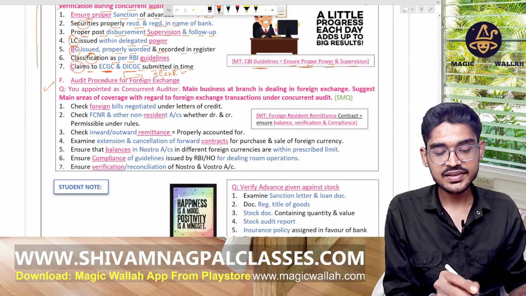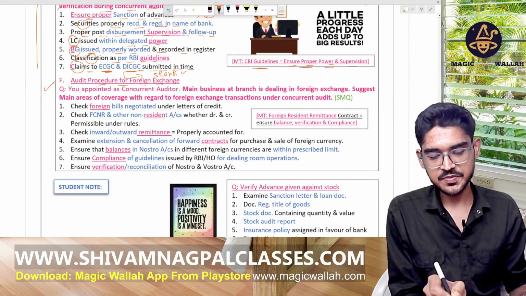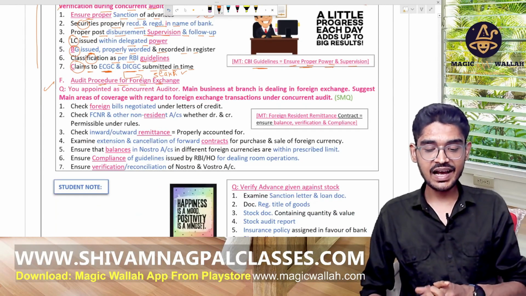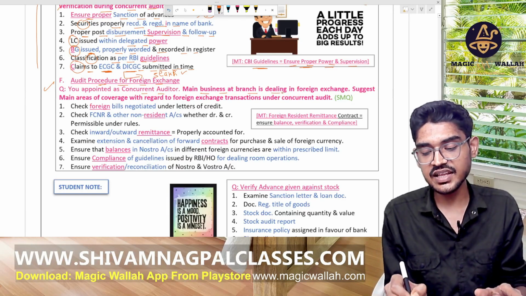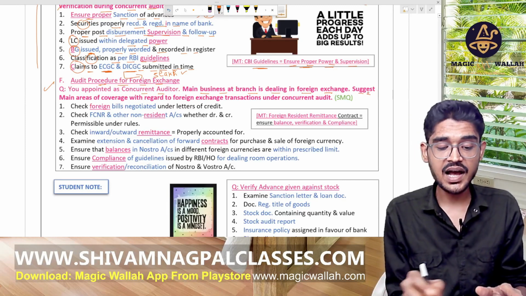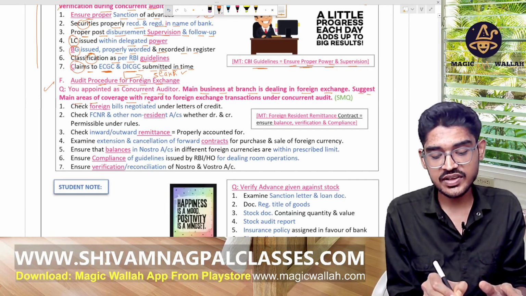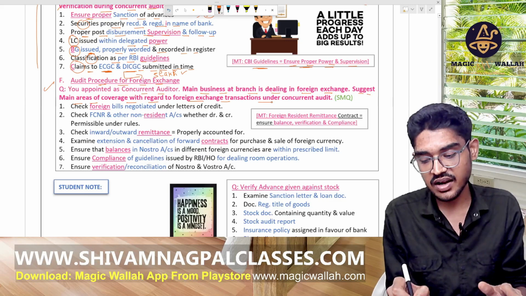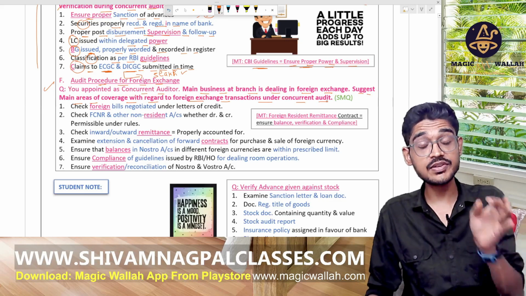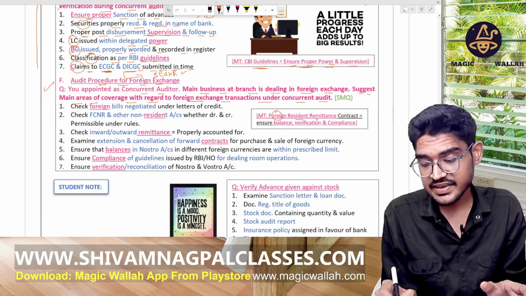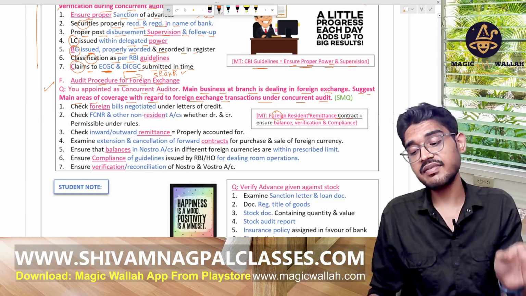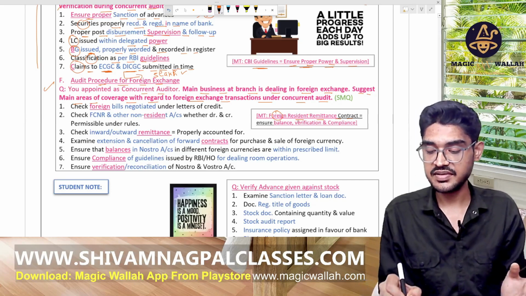Now, the audit procedure for foreign exchange. You are appointed as the concurrent auditor, and the main business of the branch is dealing in foreign exchange. What is the main area of coverage with regard to foreign exchange transactions under the concurrent audit? Here we will check the foreign, resident, remittance, contract, balance: verification and compliance.